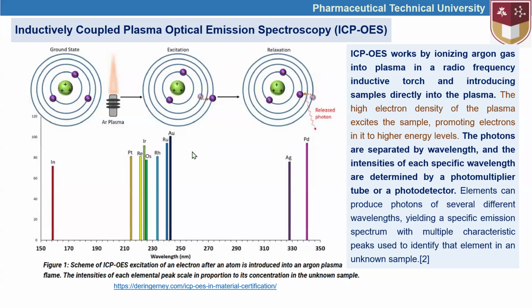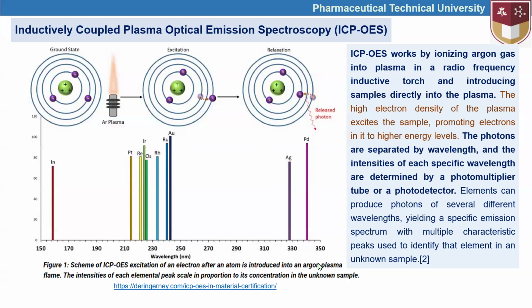So based on the identification of the bands, it will be possible to find out about the presence of different atoms as given in this example, like palladium, argentum, silver, gold, ruthenium, rhodium, osmium, iridium, rhenium, platinum, and indium.